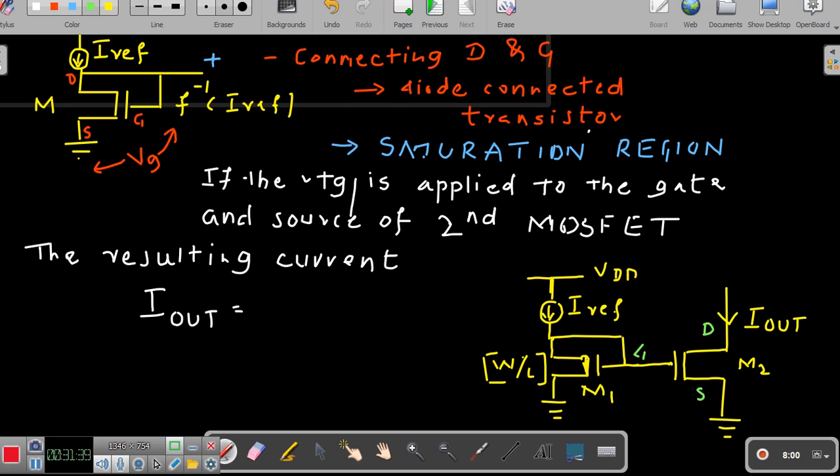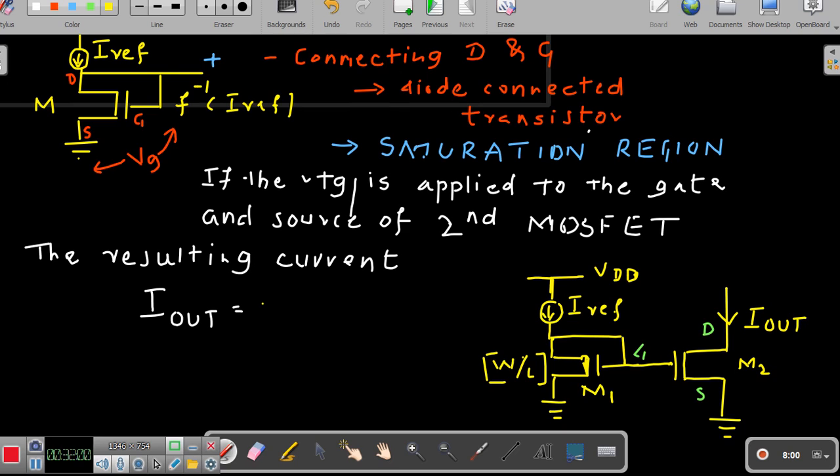You can see the gate of the first transistor or the first MOS device is being connected to the gate of second MOSFET. So now this diagram, whatever I have shown here, this represents the basic current mirror circuit. So now what will be the expression for the output current?